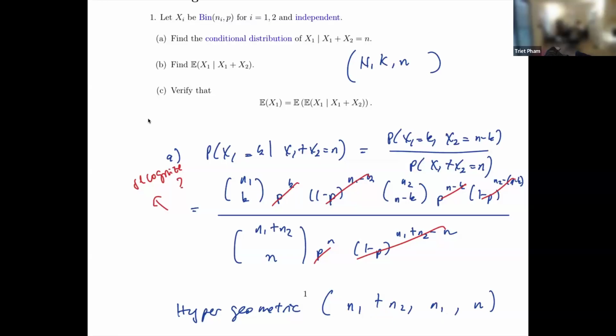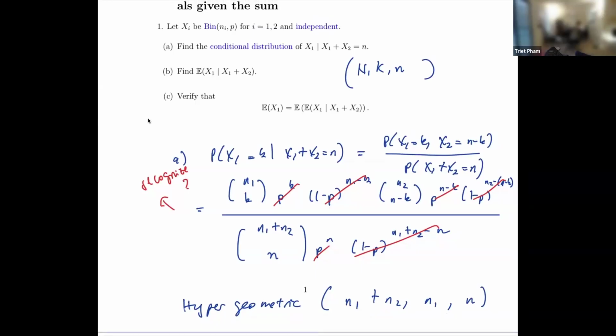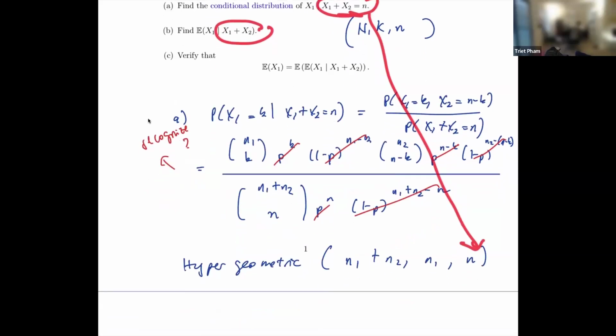All right, but that is with conditioning on x1 plus x2 equals little n. So I will abstract away from that by replacing little n with x1 plus x2. Why?